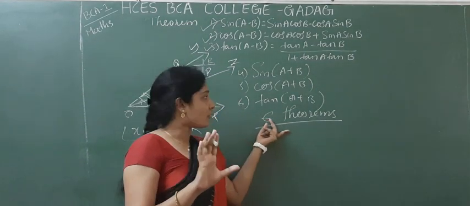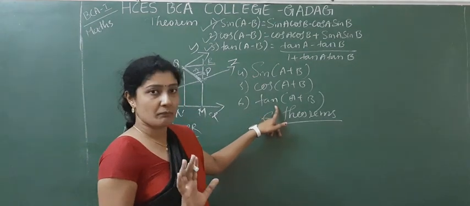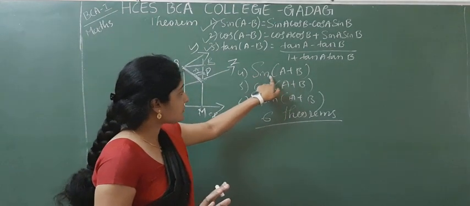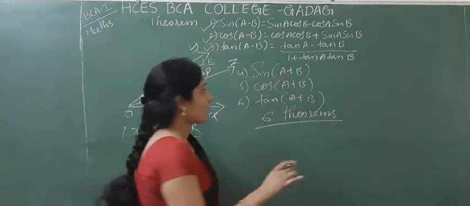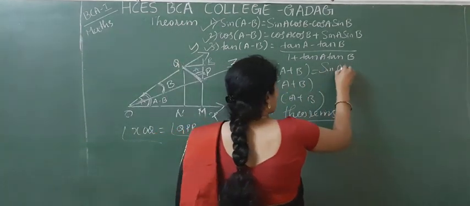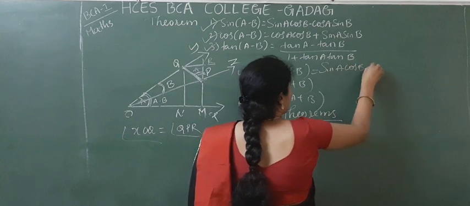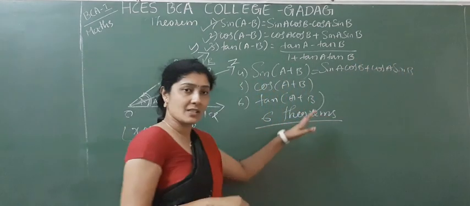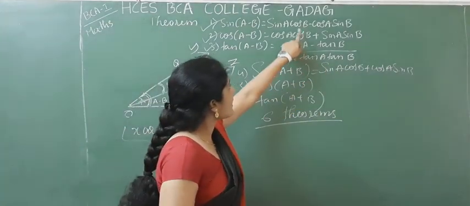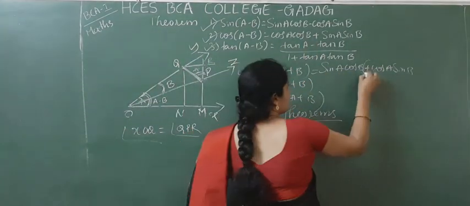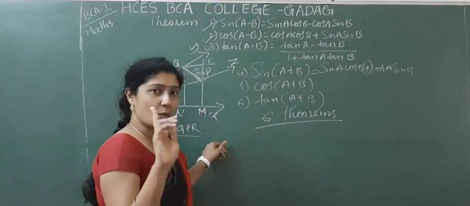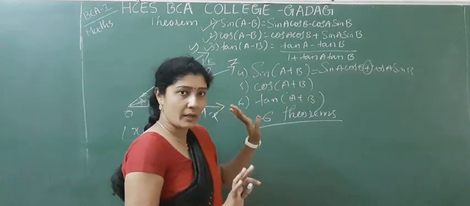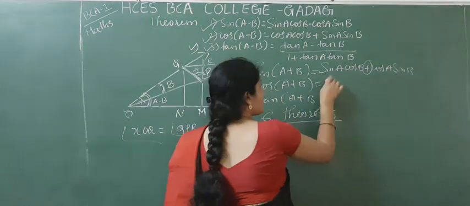Only thing is, you just remember these 3. Okay. Then, what is the difference between these two? What is sine A plus B? See. Sine A cos B plus cos A sine B. So, this is the formula. What is the difference between this and this? Only this is minus. Nothing has changed, only the sign. So if you remember this, it is very easy to write for this. Okay. Similarly, what is cos A plus B?